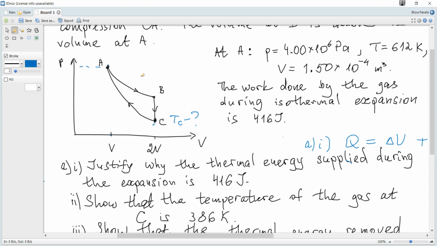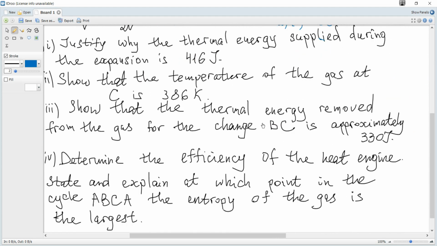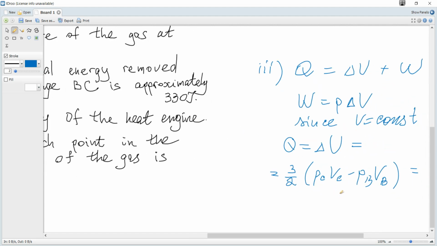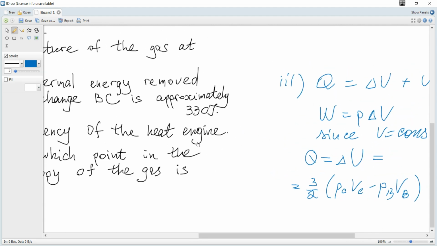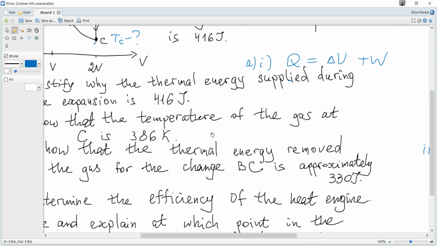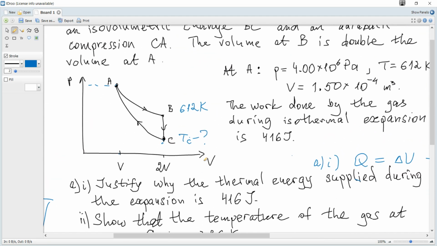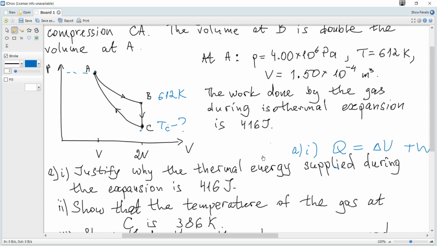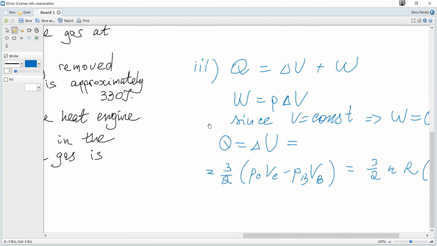For B, T is constant, so it's 612 kelvins. This temperature is found, and it may be possible to find what we need, the pressures at B and C, but we can solve it in another way.